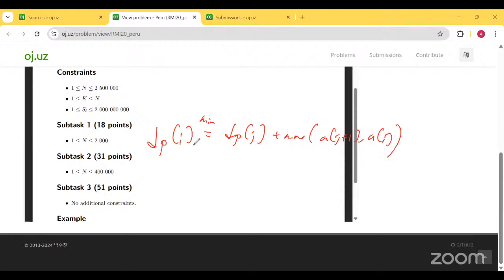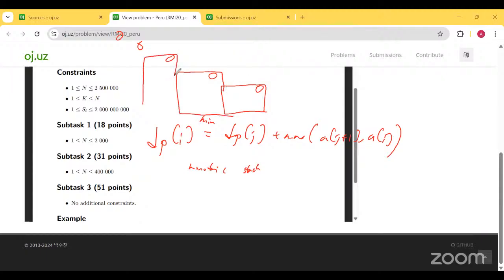Okay. So to optimize this, we can think about using the monotonic stack and keep the A[i]s in decreasing order. And we know that DP is increasing, so for each one of these maximums in the stack, the minimum value of the DP will be the DP of the previous value in the stack plus the current maximum.